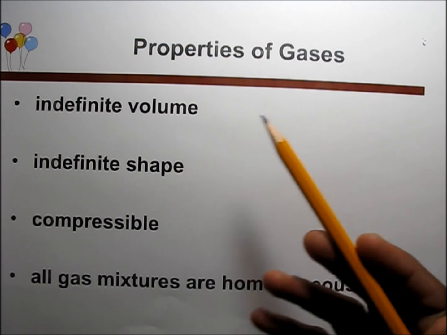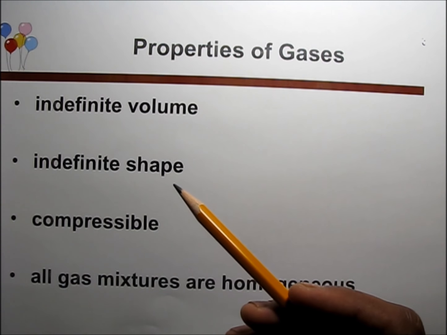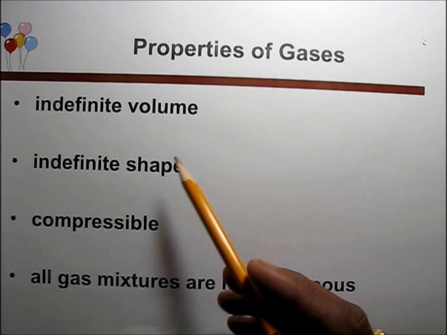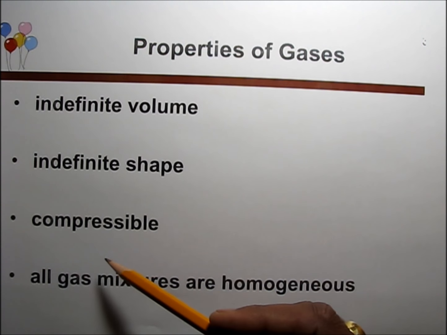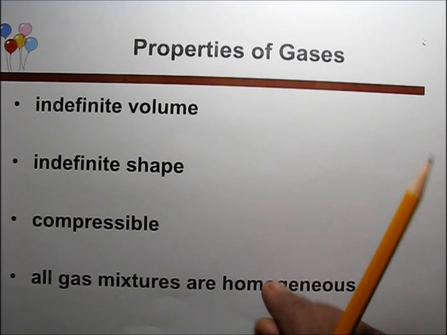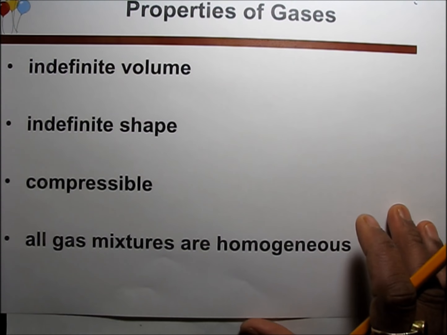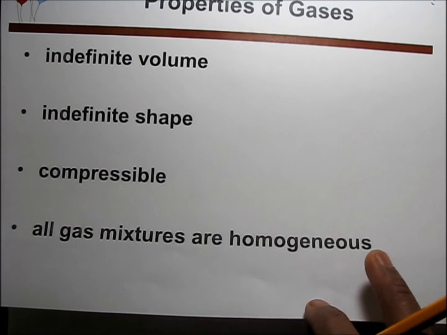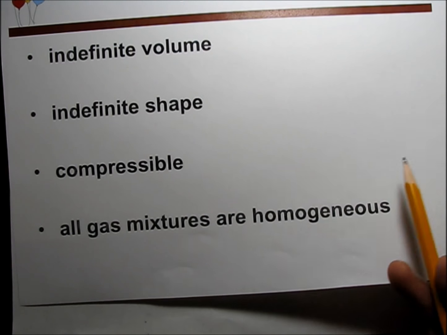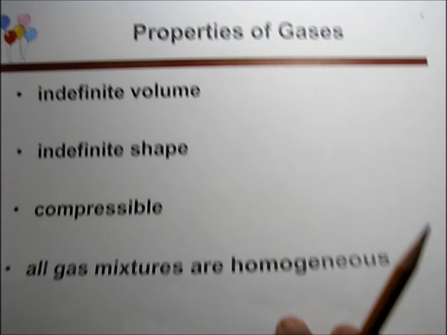Gases do not have any shape, they can accommodate any shape, so volume and shape are both indefinite. They are compressible, which means you can press them, and all gas mixtures are homogeneous, except something like smoke. Smoke is heterogeneous because it has carbon particles, but all gas mixtures are homogeneous.